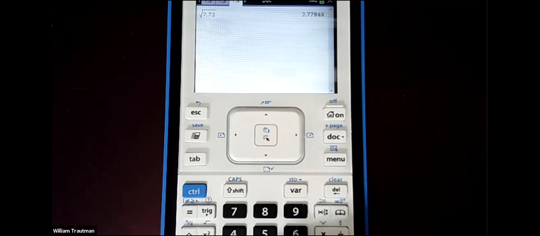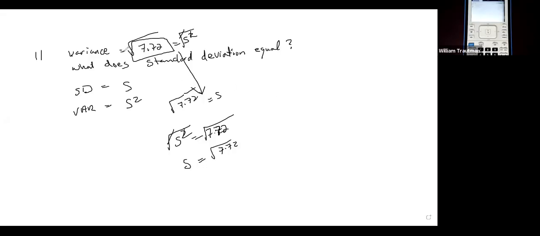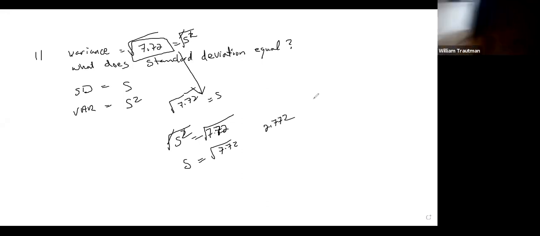The square root of 7.72 is right there, 2.778, 2.77849.